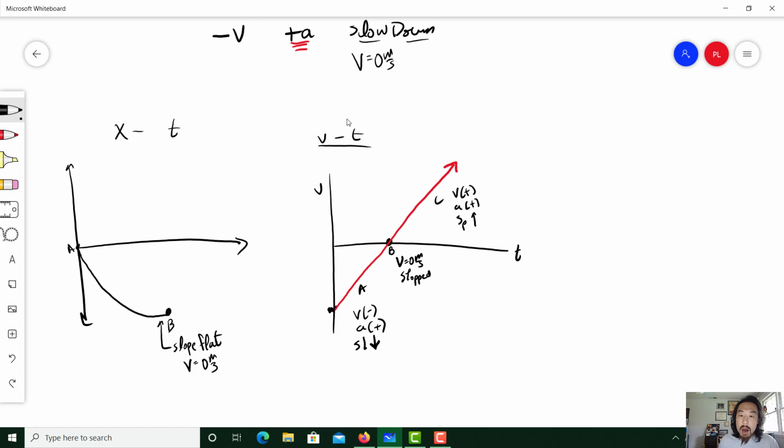Okay, and then here, so let's break this down. This is a negative velocity because it's going downwards. Okay, and we know this is positive acceleration because it's going more and more towards a flat zone. That means it's slowing down. And at B, it's stopped.